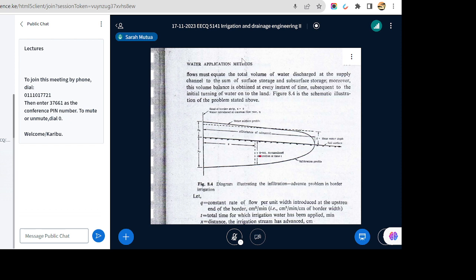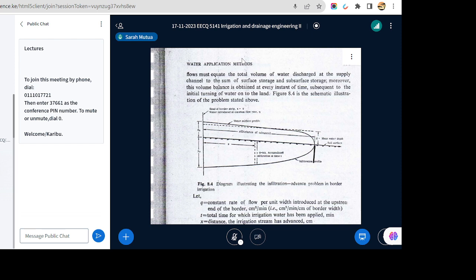You can get the Y from the infiltration time relationship, but it has to be related to the depth of water required to be irrigated into the ground, so that in the downstream part, the infiltration depth that will have happened at the end of your border strip is going to be at least equal to the depth of irrigation that is required.